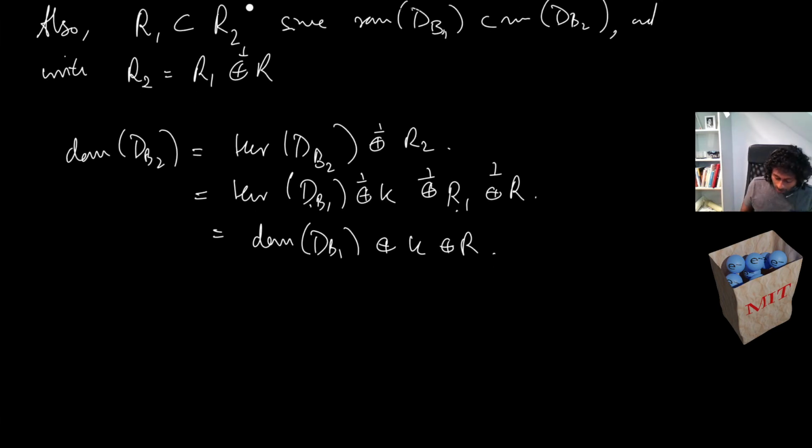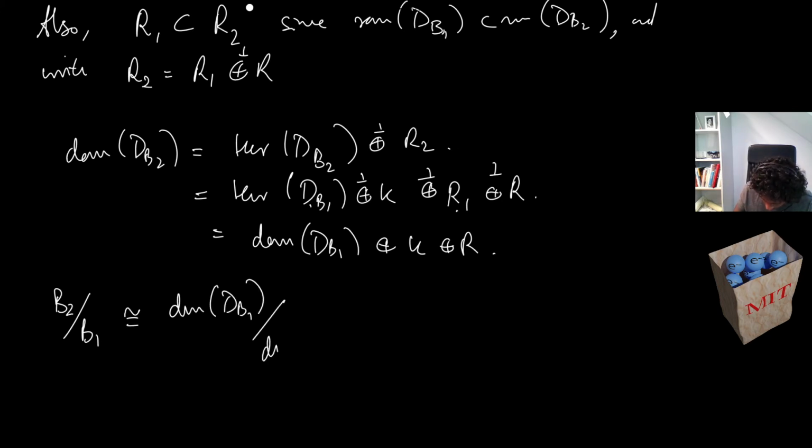So now we can mod out by dom dB1. So we get that B2 mod out B1 is going to be isomorphic to dom dB2 mod out dom dB1, which is going to be isomorphic to K plus R. Okay?